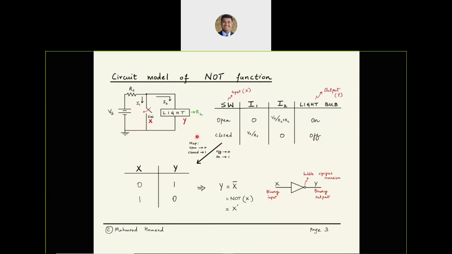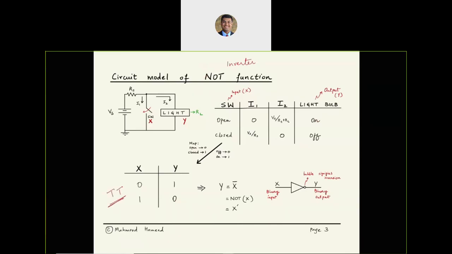Now, if we use the same mapping as we used before, open translates to 0, closed translates to 1, on translates to 1, off translates to 0. We have a truth table of the NOT function, which is also called an inverter. Over here, truth table of an inverter.